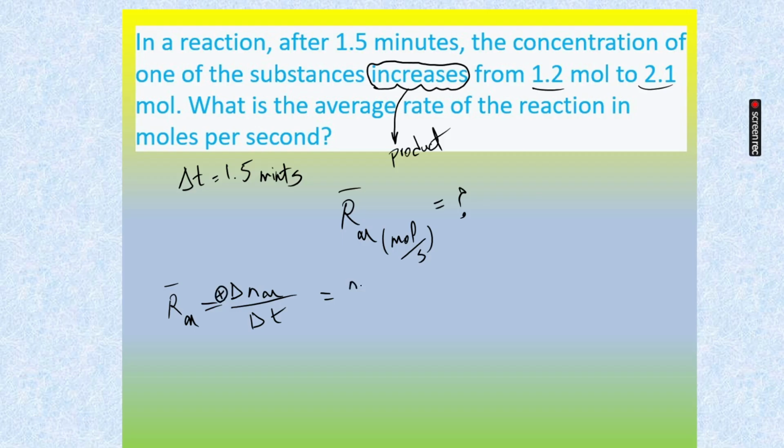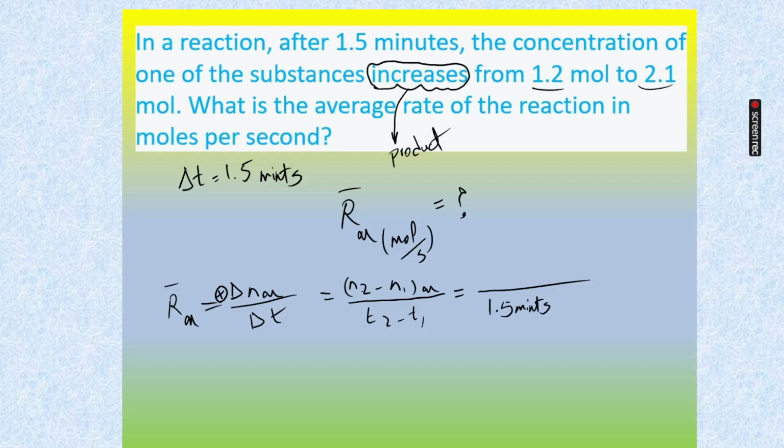It should be n2 minus n1 for X over t2 minus t1. It doesn't give you t2 and t1. It gives you the change of time, delta t, which is 1.5 minutes.